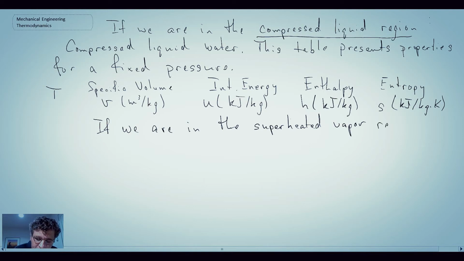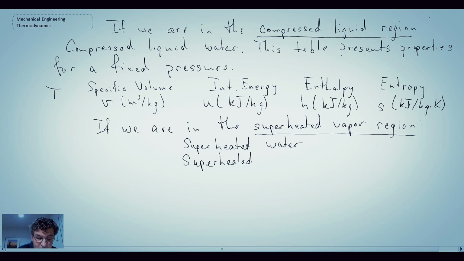So we're in the superheated vapor region. And if you look in your textbook, you might have one for superheated water, and you might have one for superheated refrigerants, whatever you're using in your book. In the case of Cengel and Boles, they use R134A.